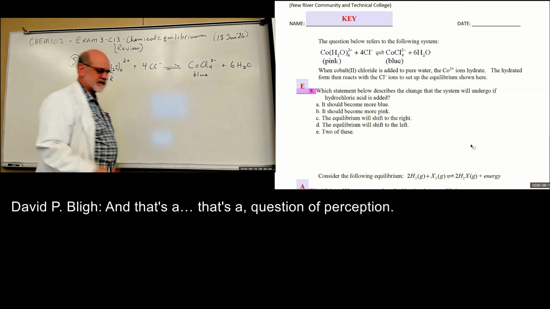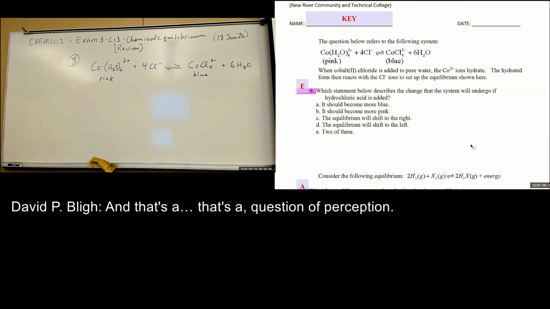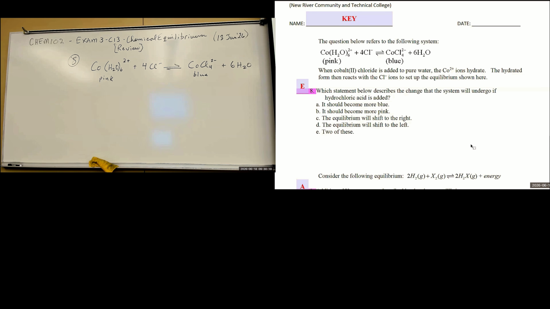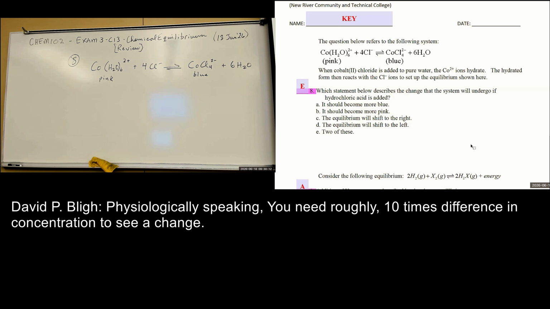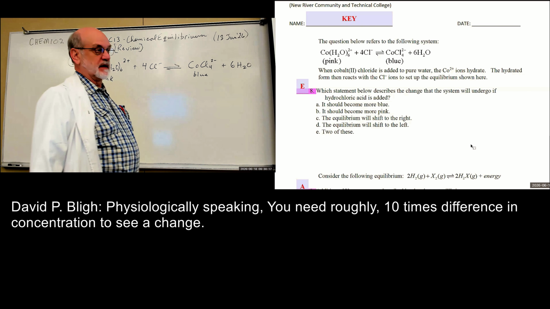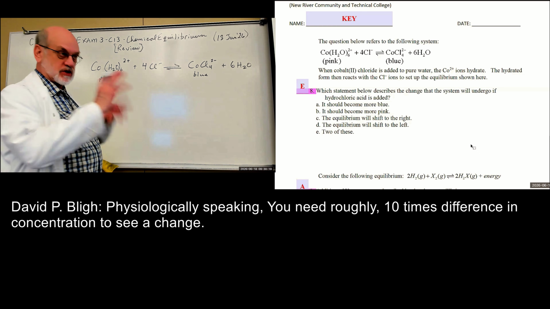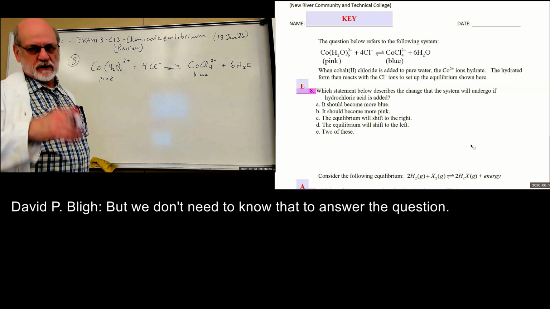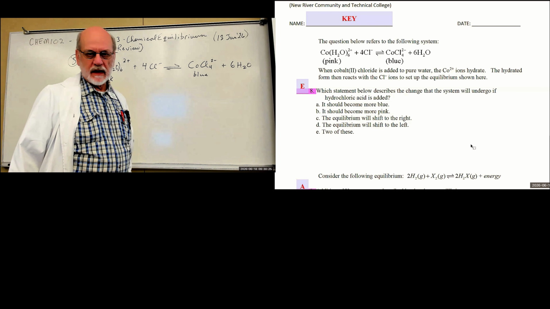And that's a question of perception. You know, when do you actually see the color difference? Physiologically speaking, you need roughly 10 times difference in concentration to see a change. But we don't need to know that to answer the question.